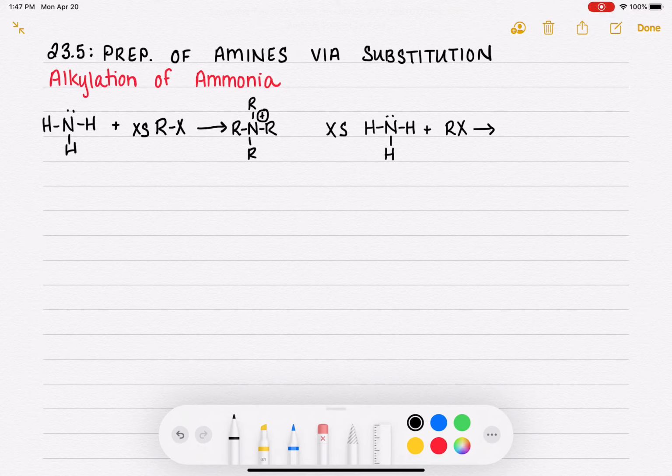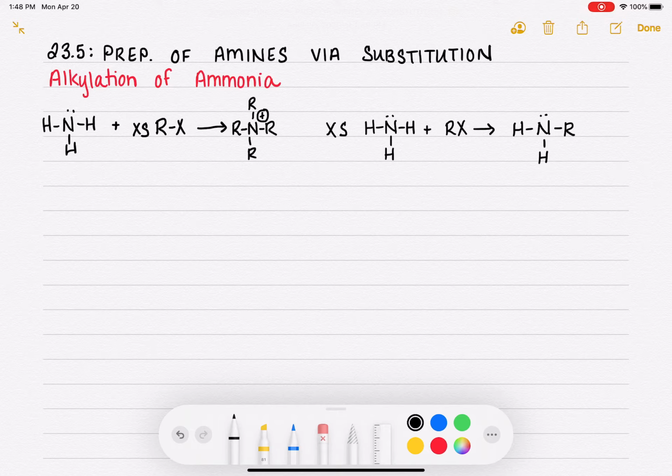Our other option is to reverse the excess. So this time we have option number 2, we have excess ammonia reacting with alkyl halide. In that situation, what we're trying to do is minimize the statistics, minimize the opportunity for a nitrogen to get alkylated twice. So in this reaction, we will end up with just a single alkylated nitrogen and a primary amine.